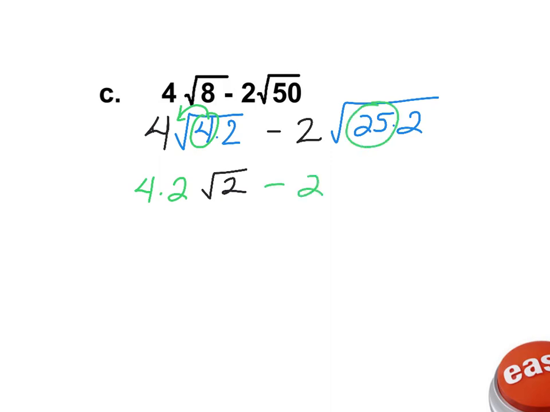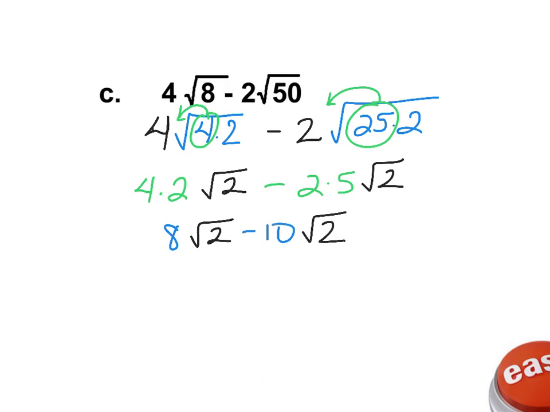Now the square root of 25 is 5, so that becomes a 5 with the square root of 2. And if I keep simplifying, I get 8 square root of 2 minus 10 square root of 2. And we do have like radicals, so my final answer is going to be negative 2 times the square root of 2.